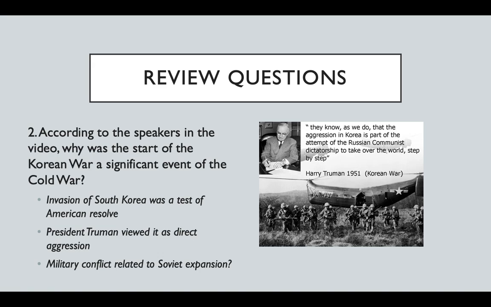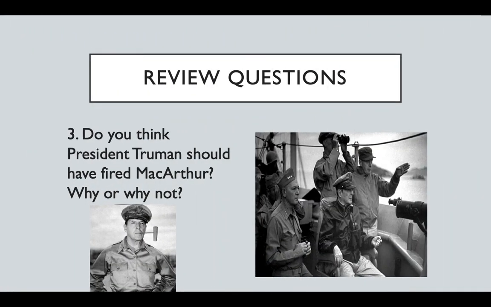As stated by Truman, they know as we do that the aggression in Korea is part of the attempt of the Russian communist dictatorship to take over the world step by step. And it is important that after World War II, the Soviets and the Americans divided up Korea at the 38th parallel. So the fact that this truce was being broken, that's why he would view it as a direct aggression. Good? Good. All right, let's move on to number 3.